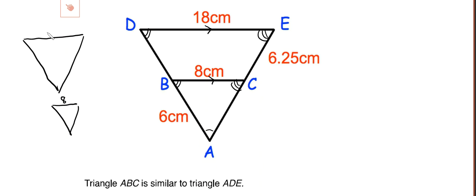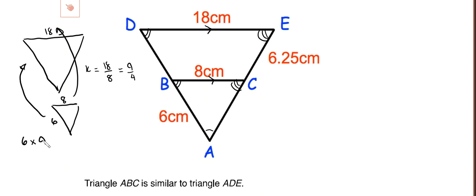Therefore, if that's 8 and that's 18, I'm going to do it this way. K is 18 divided by 8, or 9 over 4. Okay? Leave it like that, which means that if I know this is 6, this side here is 6 times 9 over 4, or 54 over 4, which is 27 over 2.